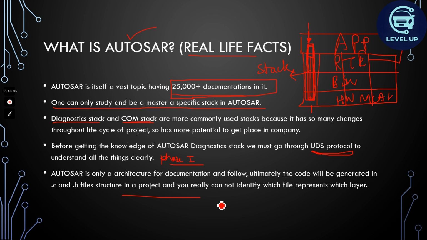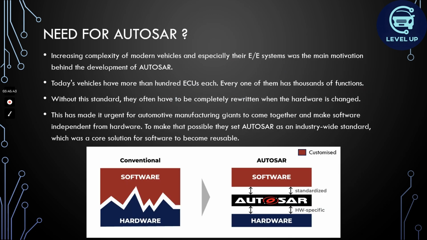That is our work, so going forward we will try to understand that too. If we are able to understand at least 30 to 40% of the .c and .h files, where they belong in the BSW, RTE or application, we are in good shape. That is our target.